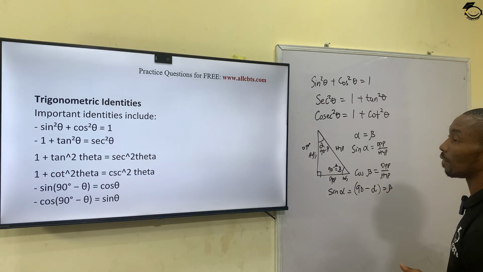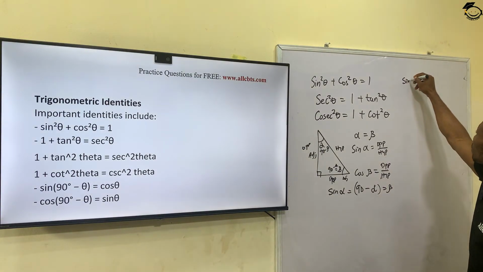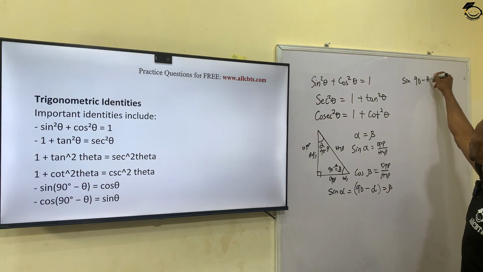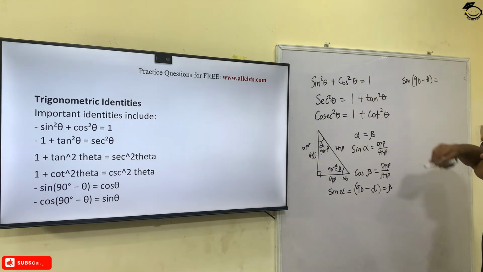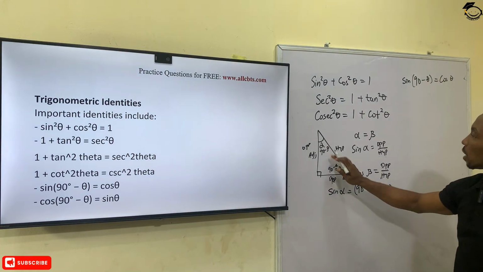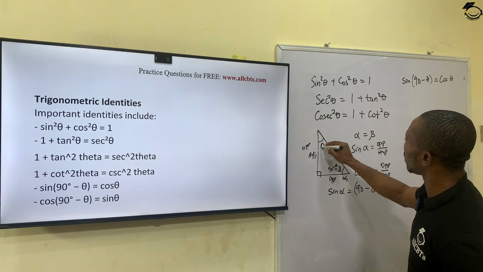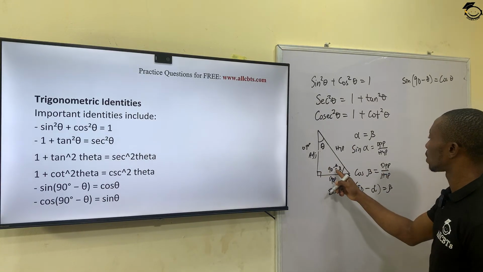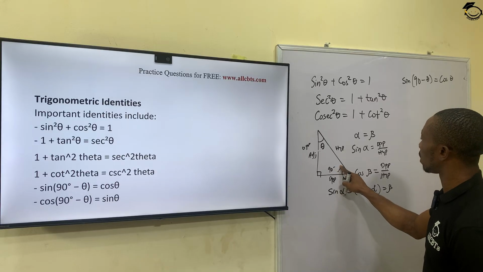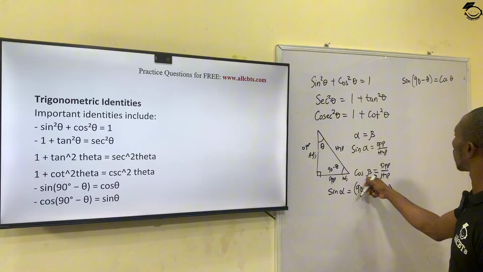So whichever way. Now, looking at sine (90 minus theta) will give us cos theta. Why? Because let's say this is theta. If we have this as theta, that means our 90 minus theta will be the cos.